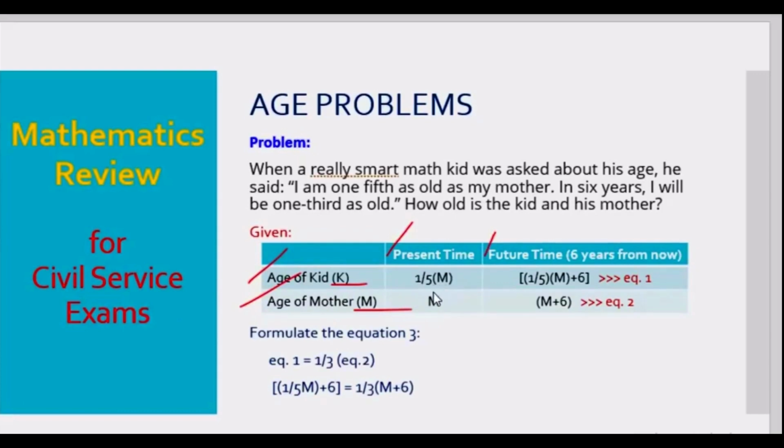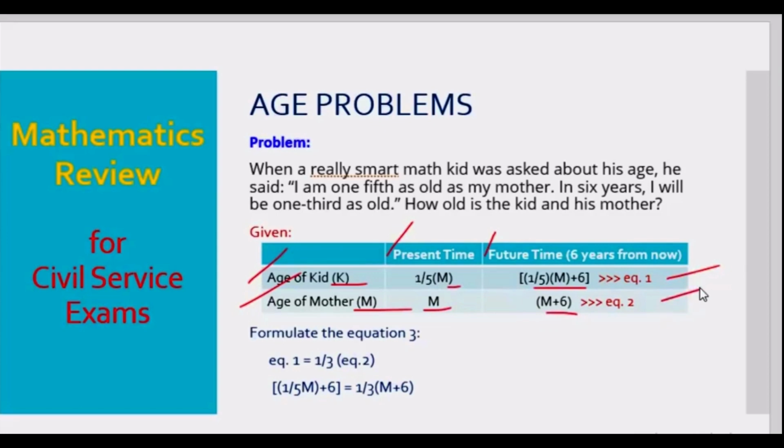So the age of the mother is assumed as M, and the age of the kid is 1/5 of M. So in future time, the age of the kid, which is 1/5 of M, is plus 6. That is our equation 1. So the age of the mother in future time, 6 years from now, is M plus 6. So that is our equation number 2.